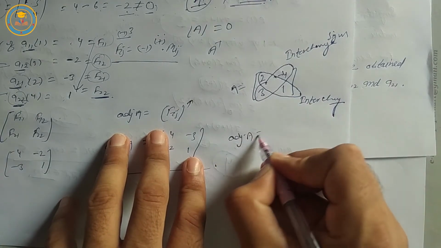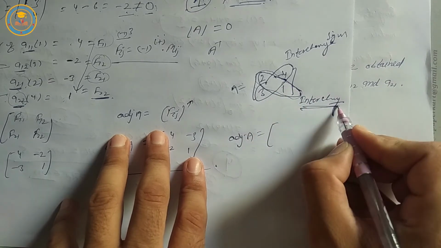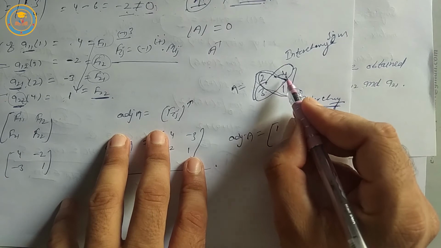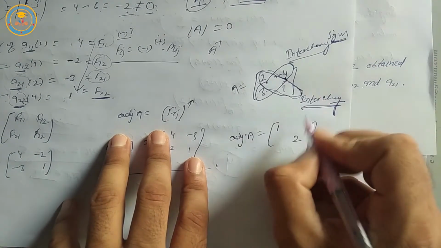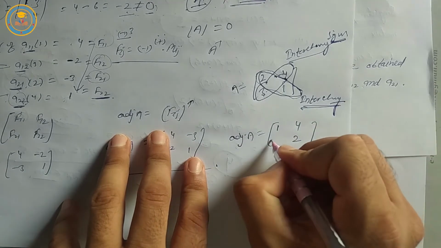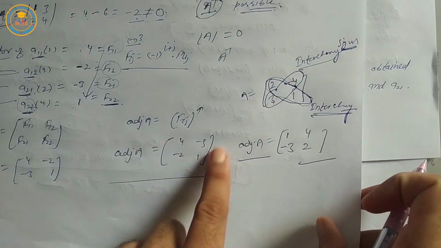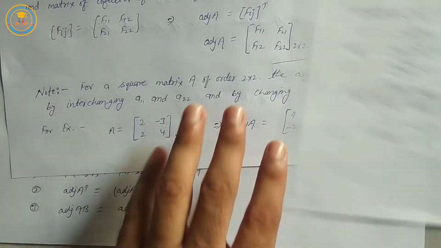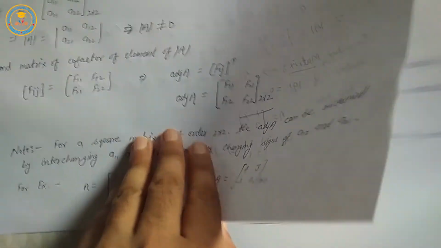So adjoint A is [1, 2; ...] with off-diagonal entries -4 and 3 sign-changed. This is the direct value of adjoint A for matrix A.